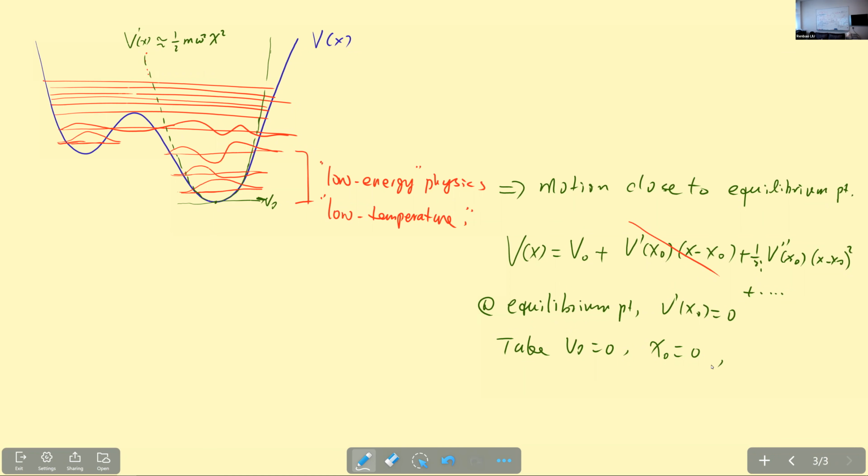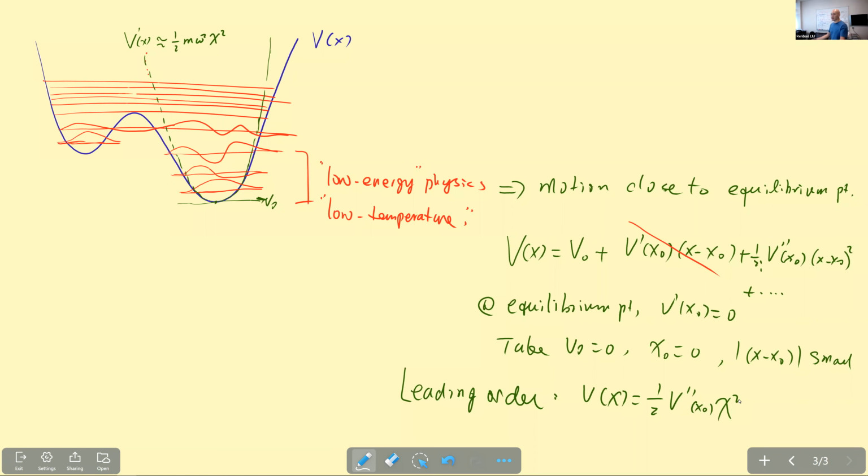Okay, and then consider this x minus x0. This one is small. So you only need to keep the leading order terms. So the leading order is just V(x) equals 1/2 V double prime (x0), which equals 1/2 m omega squared, times x squared.